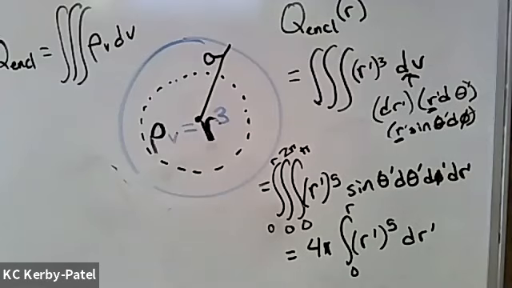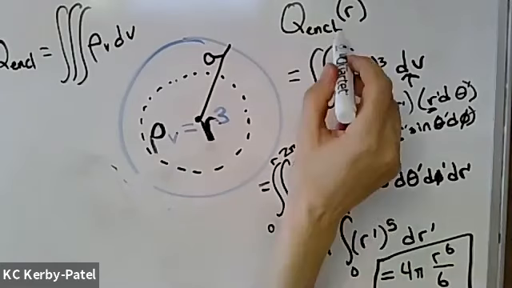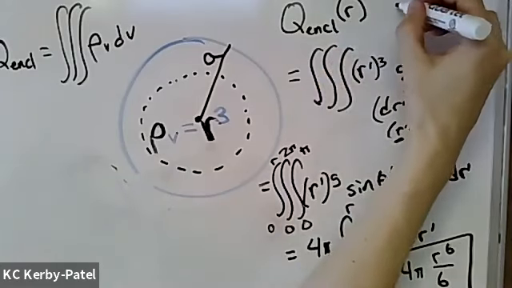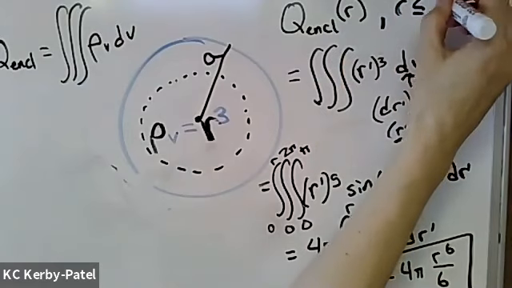And that gets me 4 pi r to the sixth over 6. So that's the enclosed charge for values of r that are less than or equal to a.